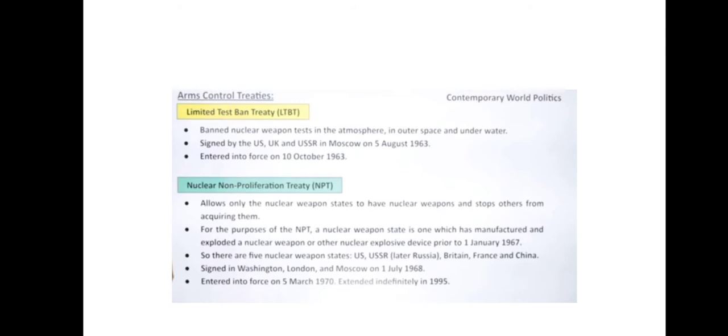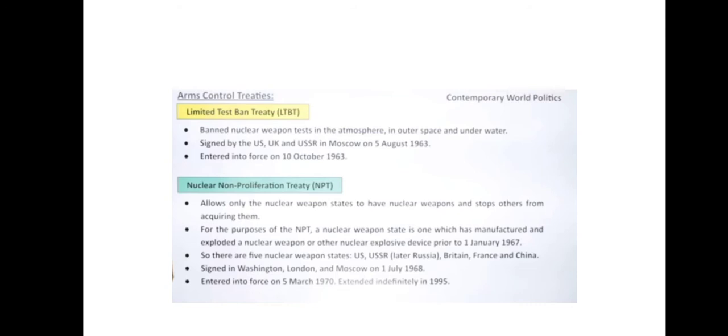The fourth treaty was the Nuclear Non-Proliferation Treaty, NPT. NPT allows only the nuclear weapon states to have nuclear weapons and stops others from acquiring them. NPT was signed in 1968.